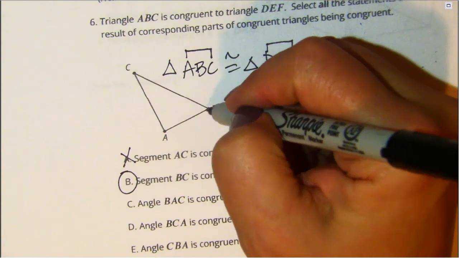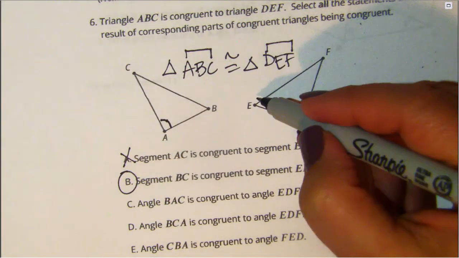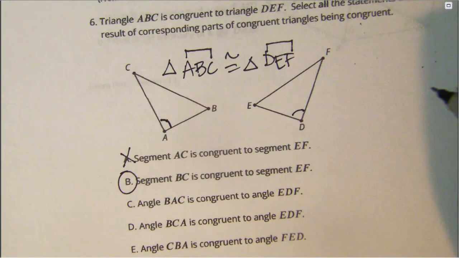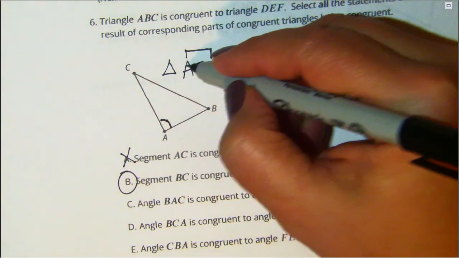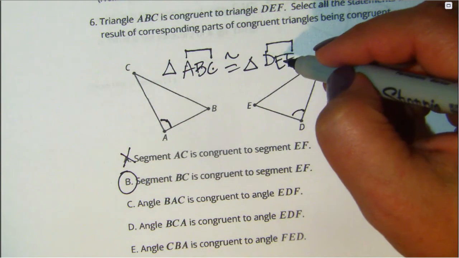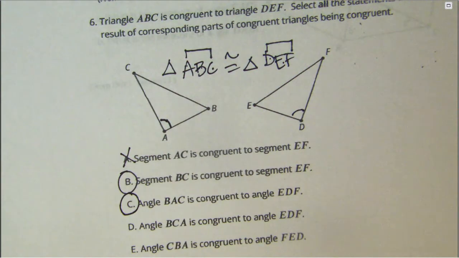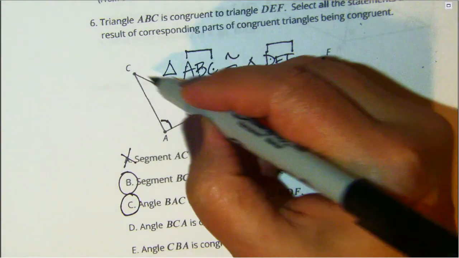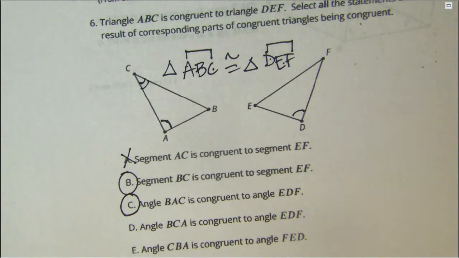Angle BAC, that's this angle, is congruent to EDF. So you can kind of tell here, how would we look at the letters? BAC is congruent to EDF. You see how they say the letters in the same way? Angle BCA, that's this angle, is congruent to angle EDF.